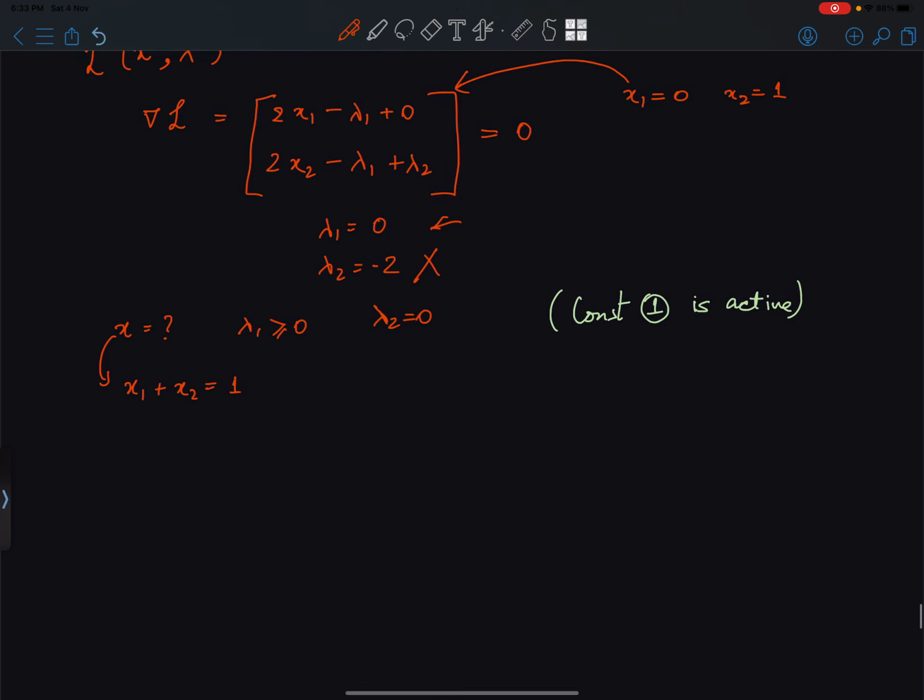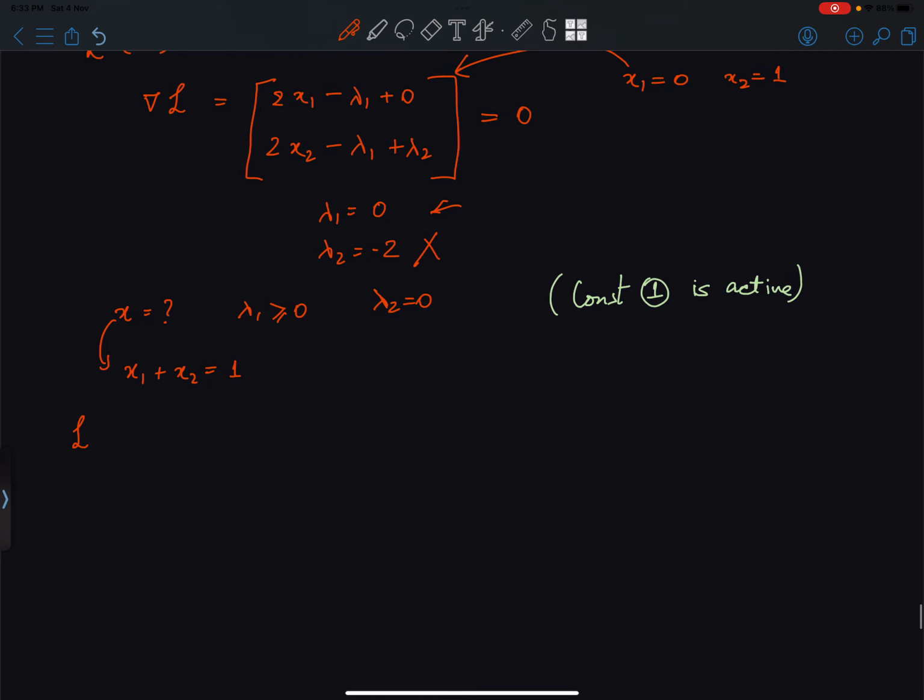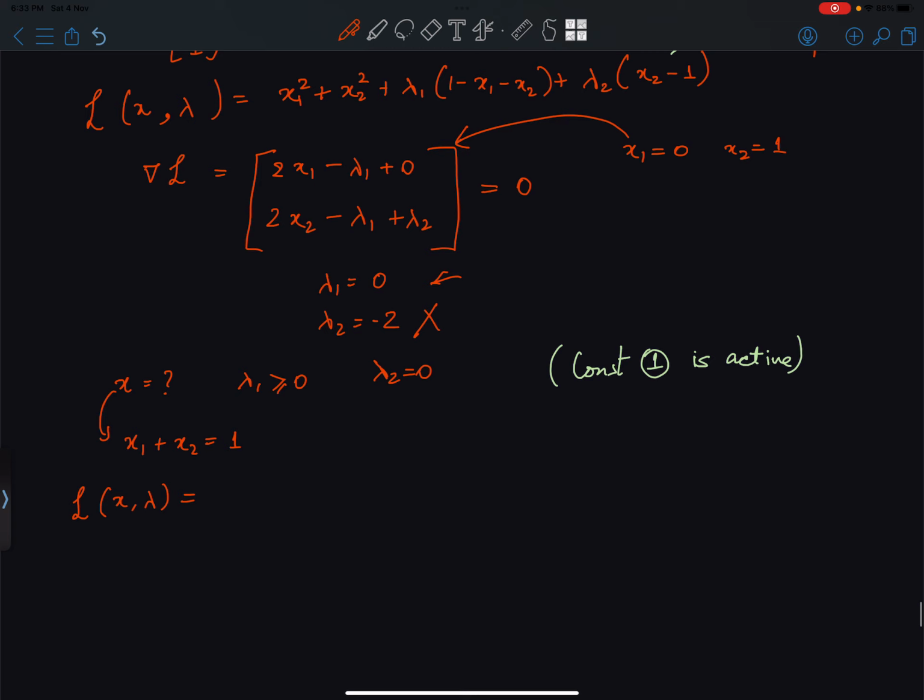So let's write the Lagrangian, which in this case is x1 square plus x2 square plus lambda 1 times 1 minus x1 minus x2, plus 0, because lambda 2 is 0.